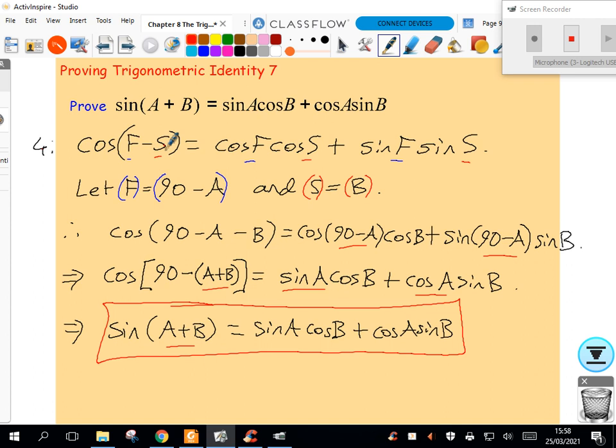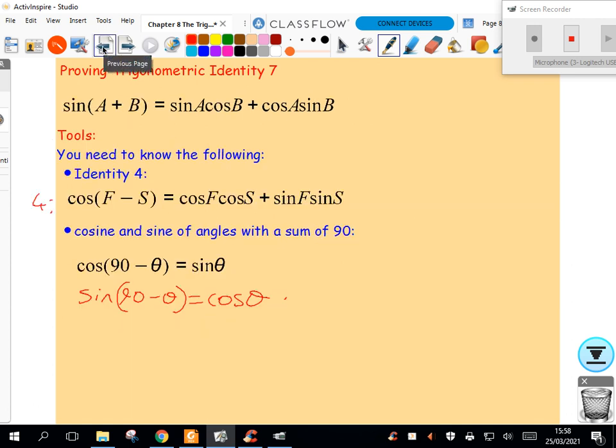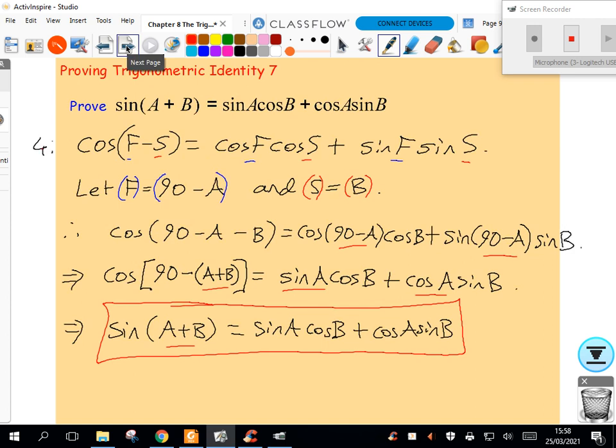Using this notation, it makes the substitution a little bit easier. Let f equal 90 minus A, let s equal B, substitute everything in, and then use the fact that cosine of 90 minus theta is sine of theta, and sine of 90 minus theta is cosine theta. That's identity number 7. Understand the proof, go through it, learn it.